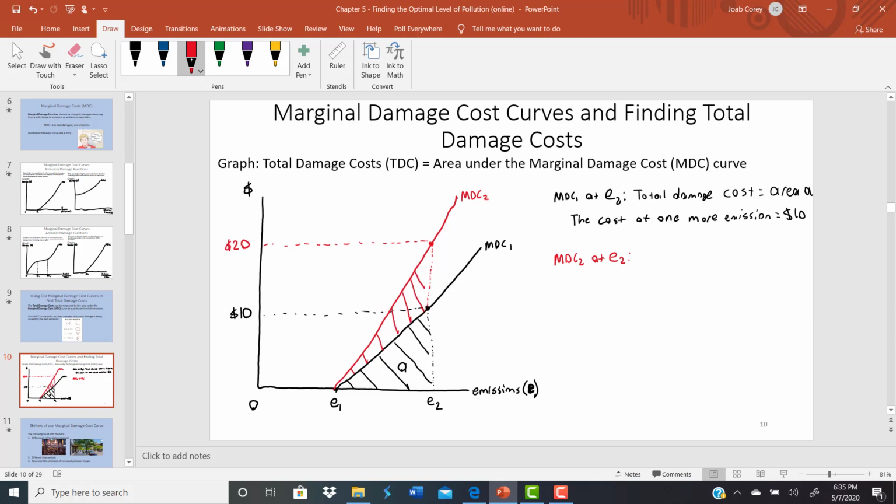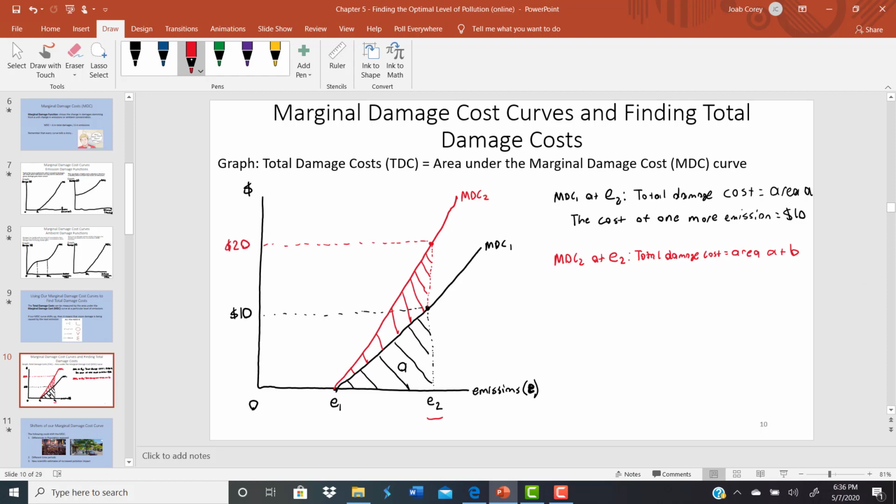Remember that total damage cost is the area under the marginal damage cost curve in question at a particular level of emissions, which in this case we're saying is E2, right? So total damage cost is equal to area A plus B now, right?